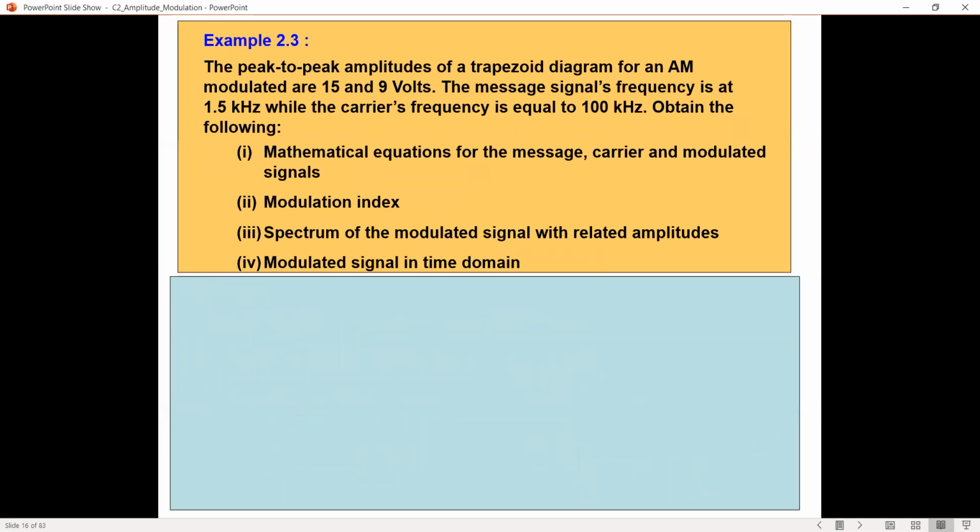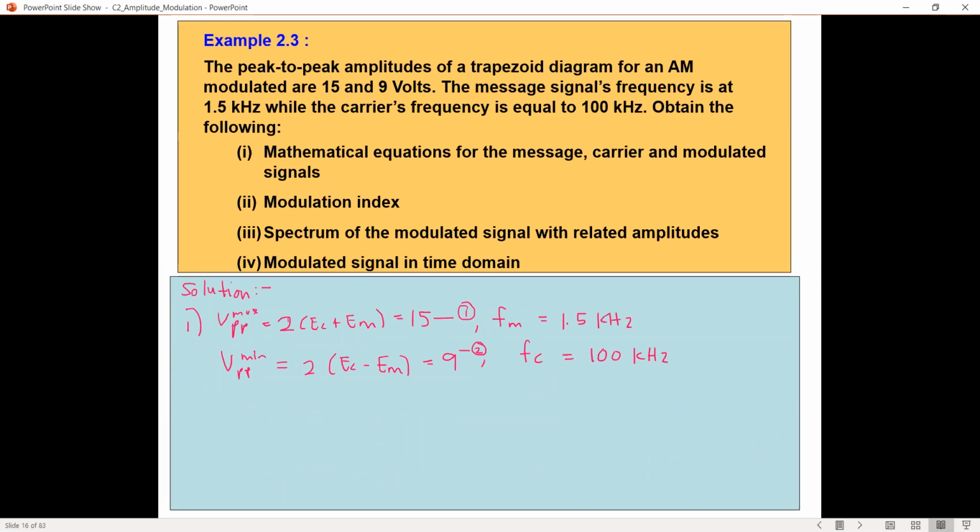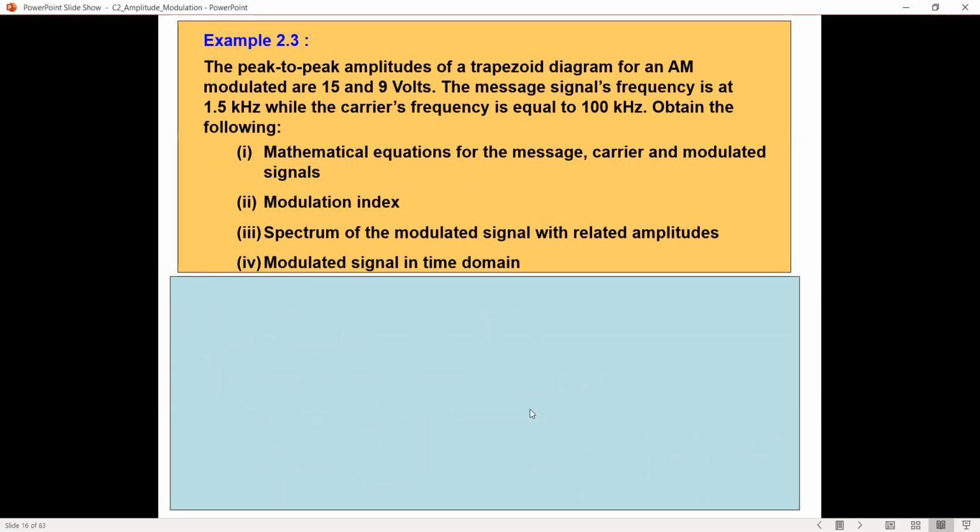Okay, let's look at the last exercise. Right now, you're given information from a trapezoid diagram. It says peak to peak 15 and 9 volts respectively, FM 1.5 kilohertz and FC 100 kilohertz.